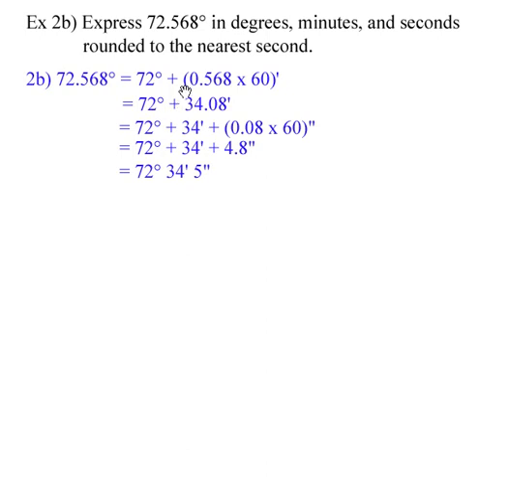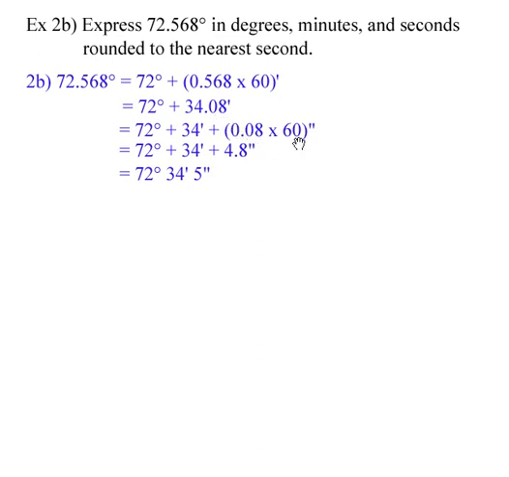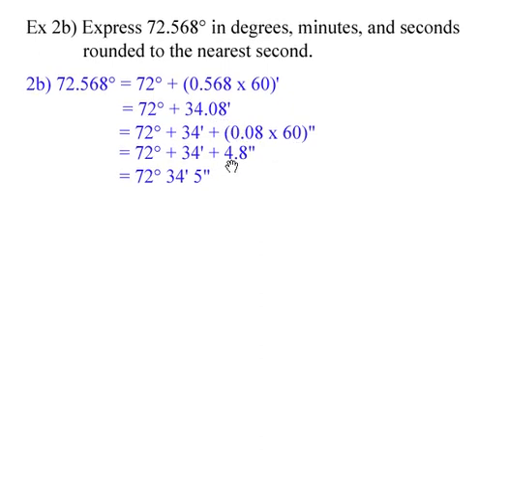So again, what we did is we took the decimal portion times 60 to find out how many minutes there were, and everything left of the decimal, 34, represents the minutes. We took the decimal portion left over from there, the 0.08, multiplied by 60 again to find out how many seconds, and we rounded 4.8 to 5 because it asks us to round it to the nearest second.